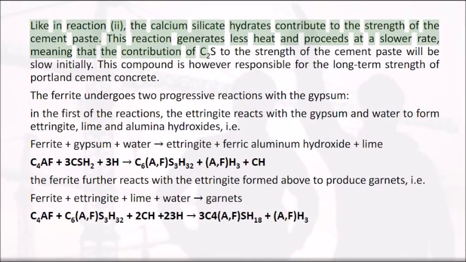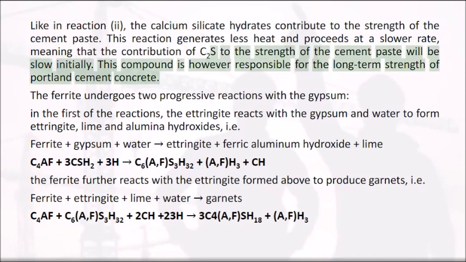Like in reaction 2, the calcium silicate hydrates contribute to the strength of the cement paste. This reaction generates less heat and proceeds at a slower rate, meaning that the contribution of C2S to the strength of the cement paste will be slow initially. This compound is however responsible for the long-term strength of Portland cement concrete.